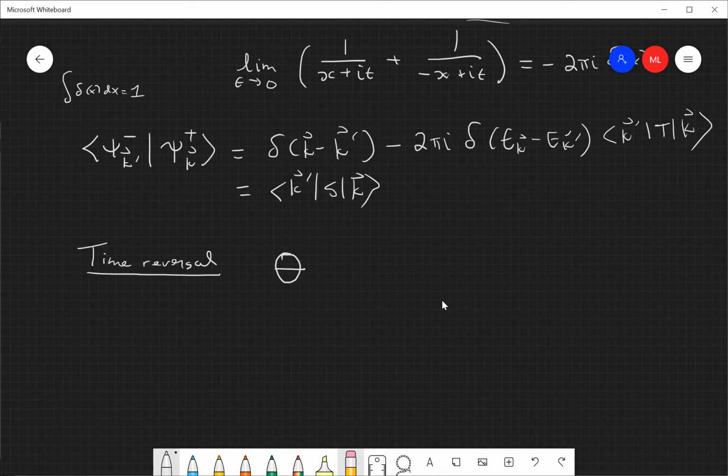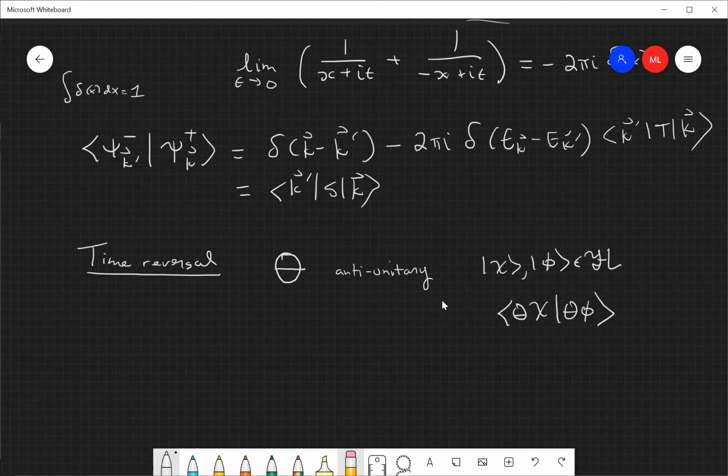And an anti-unitary operator is a kind of funny operator. How it's defined is, if you have any states chi and phi in your Hilbert space, you take theta, this anti-unitary operator, act with it on chi, and then sandwich that with the operator acting on phi.